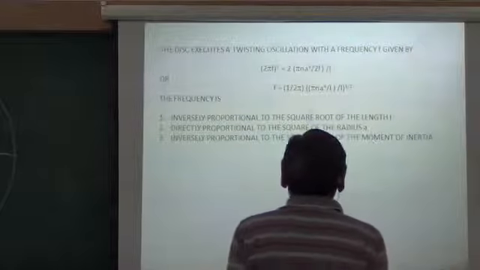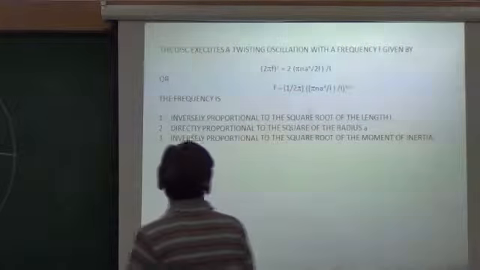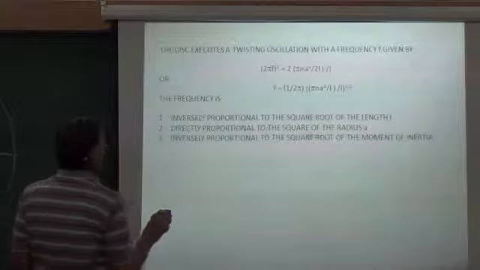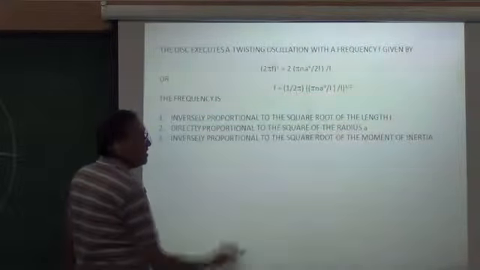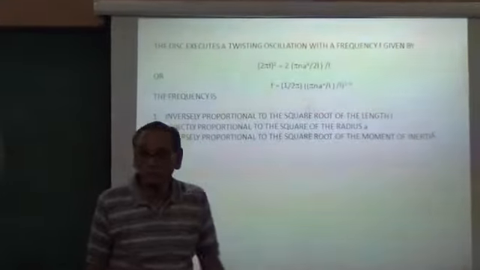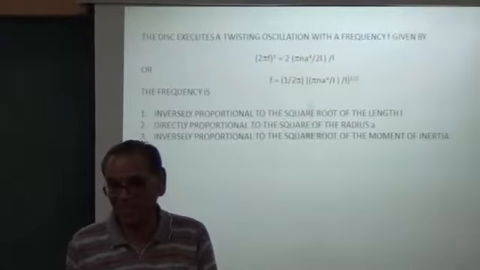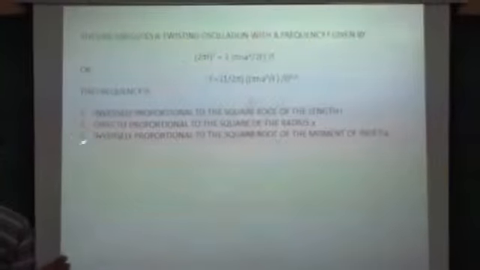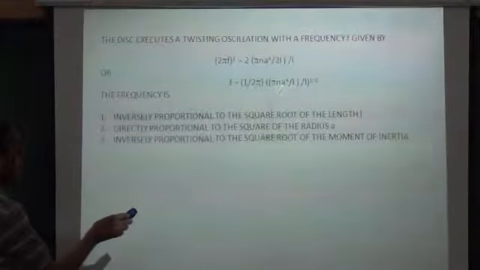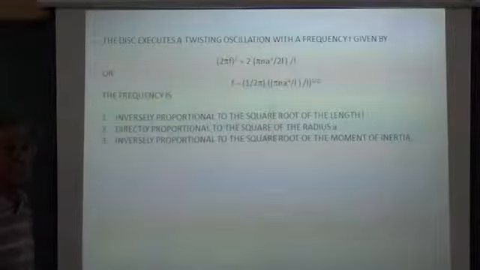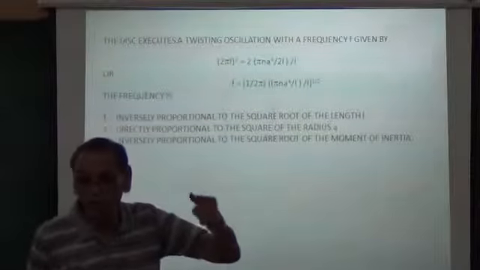Now you can see that the frequency is inversely proportional to the square root of the length. It is proportional to 1 by square root of L. The frequency is directly proportional to the square of the radius of the wire, since it goes as the square root of r power 4.